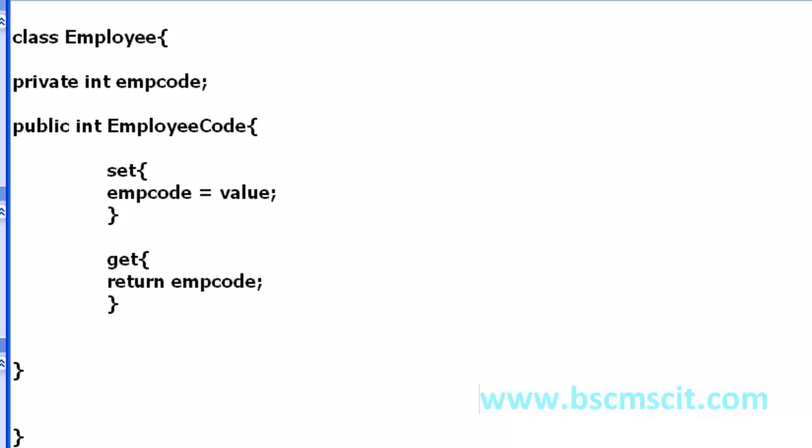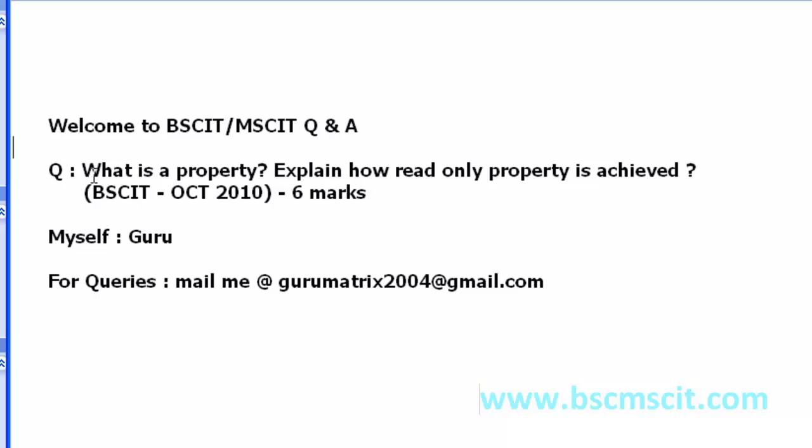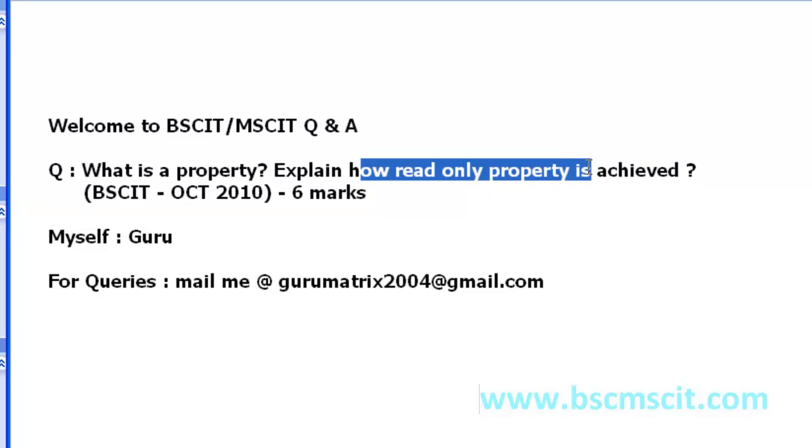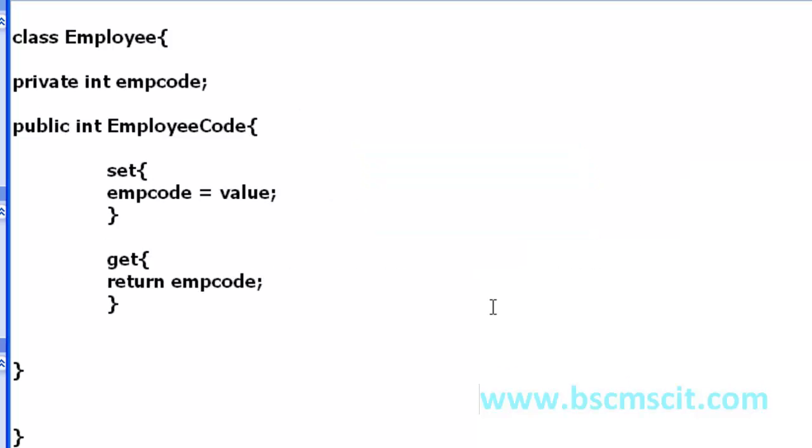So now that you have understood what is a property and what is a read only property, and how it is achieved, let's see a simple example on this by using our console application.